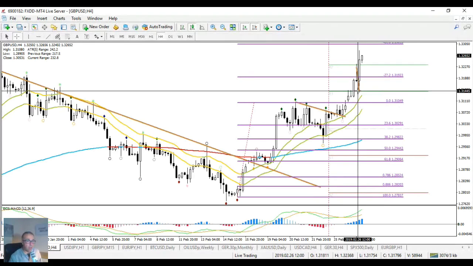A fractal could also indicate a bounce, right? When this candle closed, we had a fractal here. That could have been already useful information. Let's see, anything else? Trend lines, break of trend lines, candlestick versus trend lines.